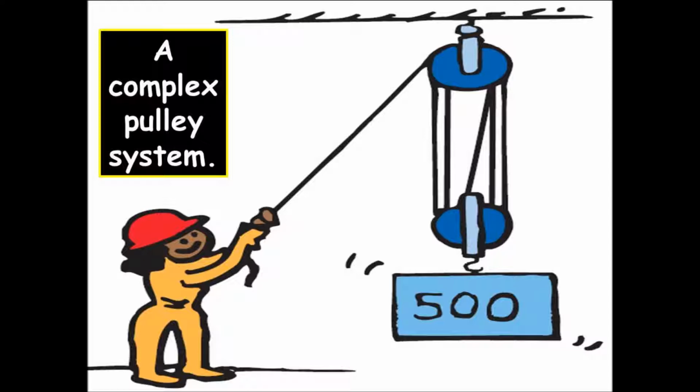What is the relationship between the number of strings and the ideal mechanical advantage? Ask me about that in class. What is the relationship between ideal mechanical advantage and number of strings in a pulley system?